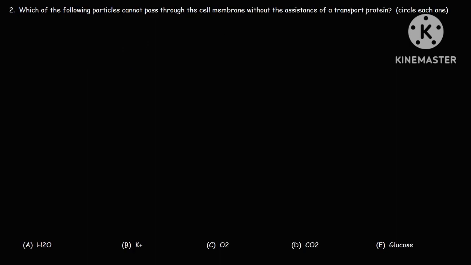Number 2. Which of the following particles cannot pass through the cell membrane without the assistance of a transport protein? So we're going to circle each one because there can be multiple answers. So let's say this is the cell membrane.